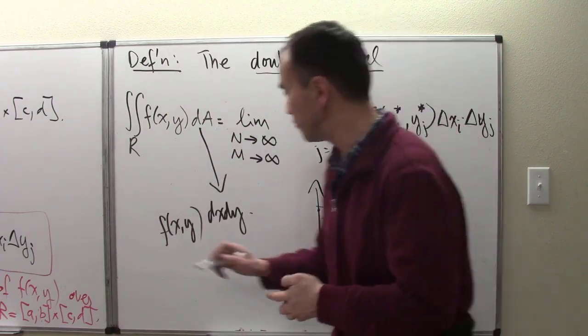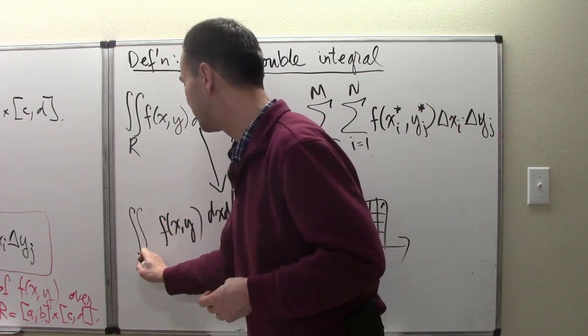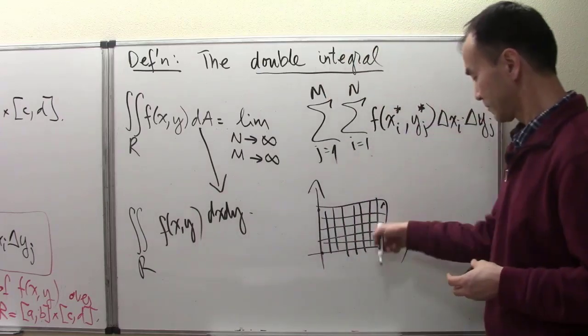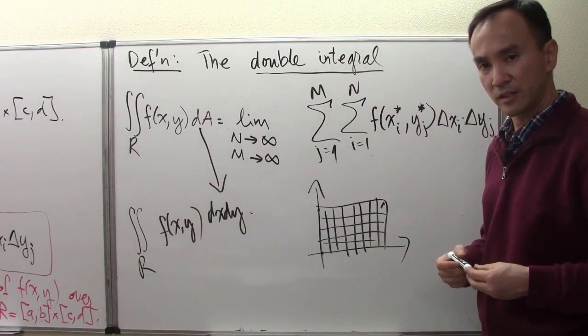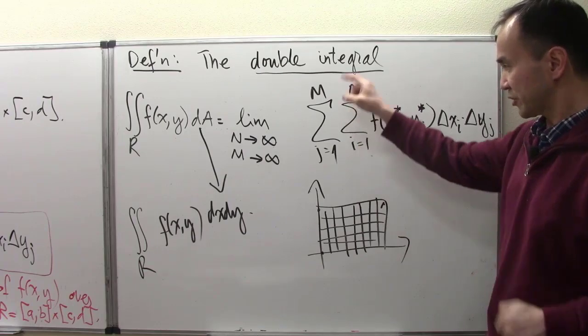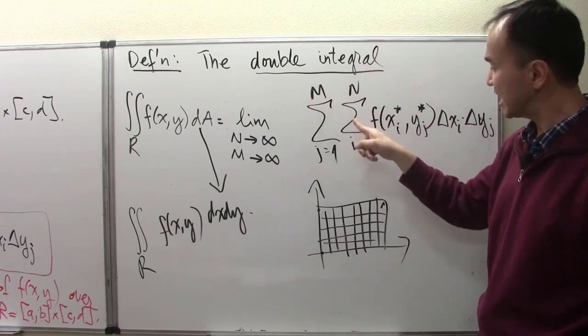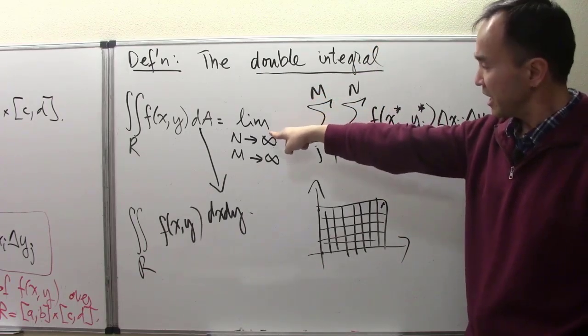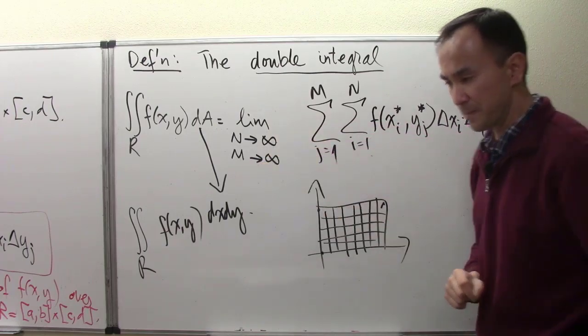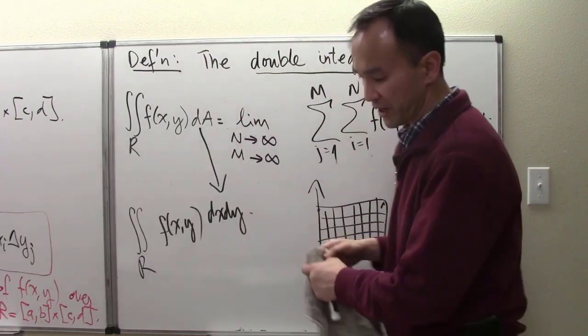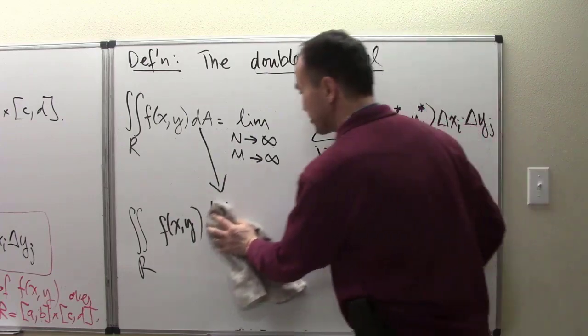And that's where we have this double integral over the region R. So that's what a double integral really truly is. It started out, we defined that as a double Riemann sum, and we're taking n to infinity and m to infinity. And with this definition, allow me to write in a couple of explanations.